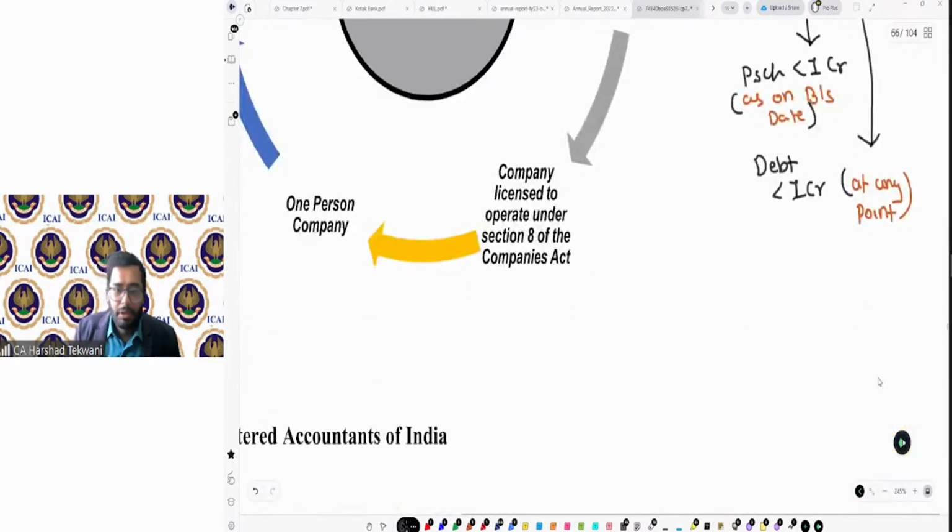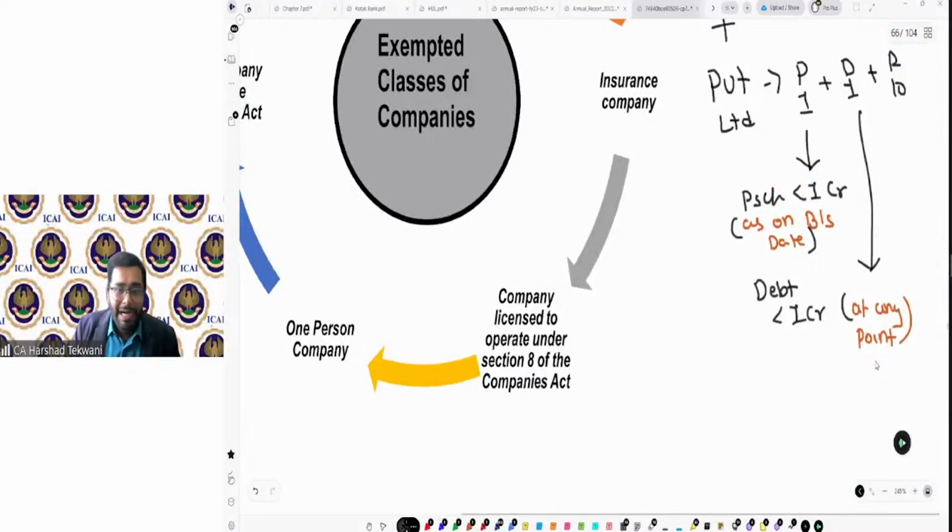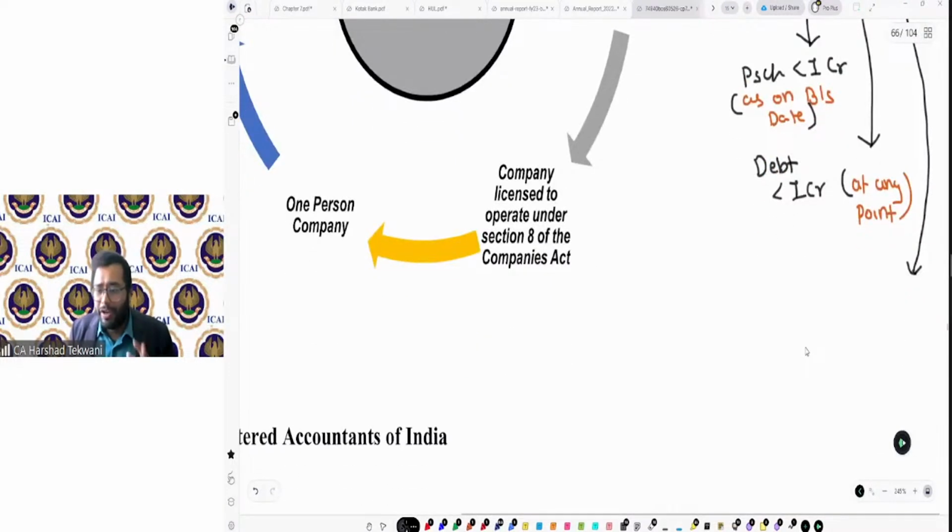Third one, that is R10. R10 stands for your total revenue, as disclosed in Schedule 3 of the Companies Act, including revenue from discontinuing operations, is less than 10 CR.